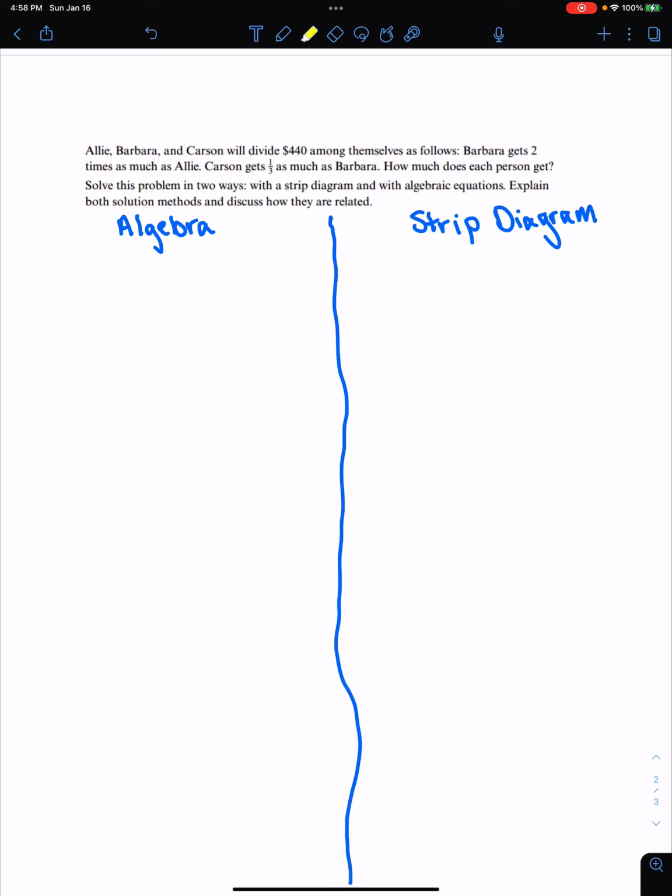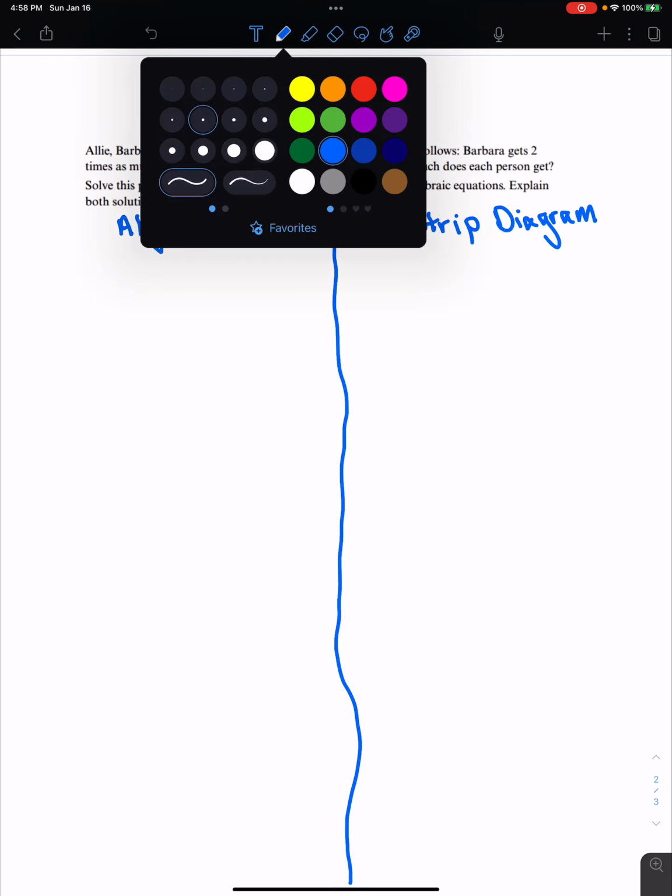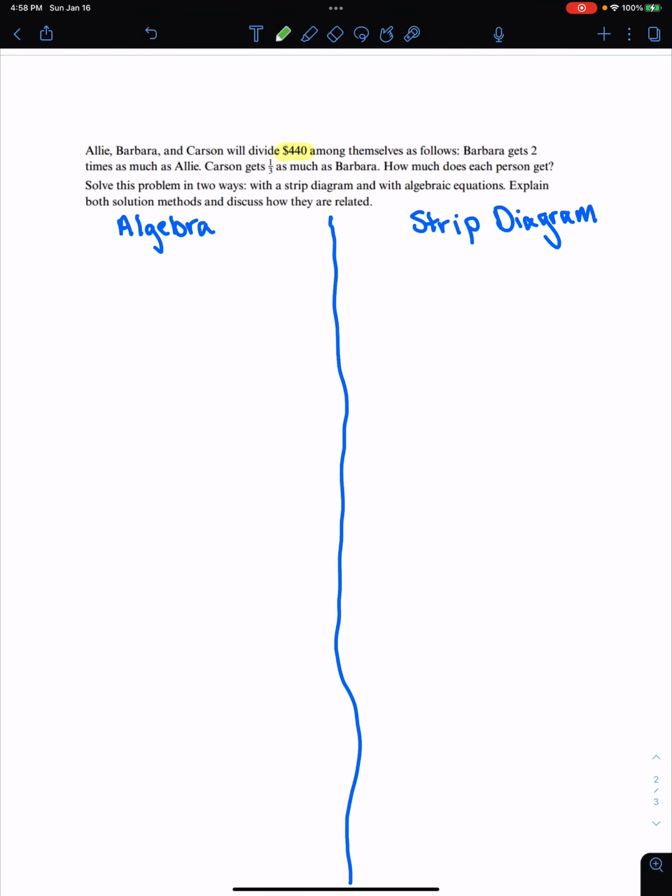First of all, we've got Allie, Barbara, and Carson, and they're going to divide $440 among themselves. So here are our relationships. Let's start with Barbara. Barbara gets 2 times as much as Allie. So here is Barbara, and we're gonna divide that into 2 pieces.